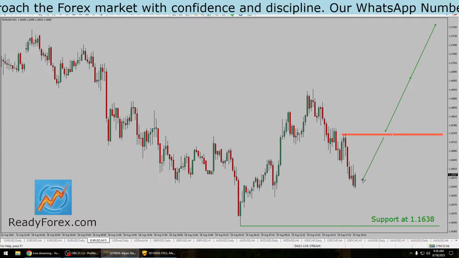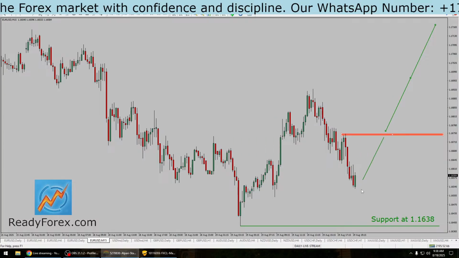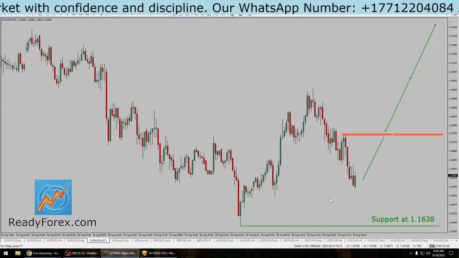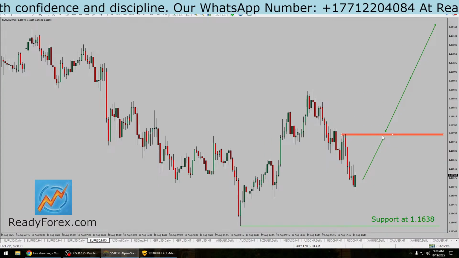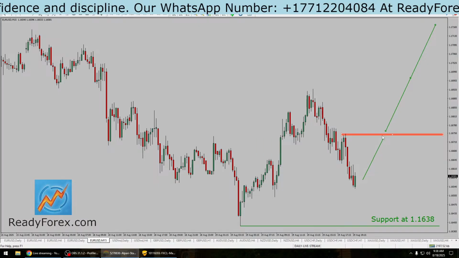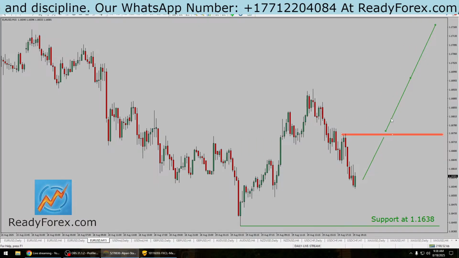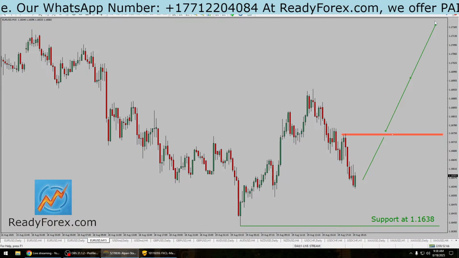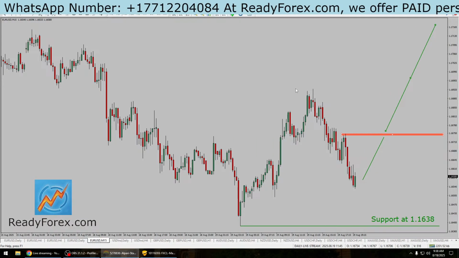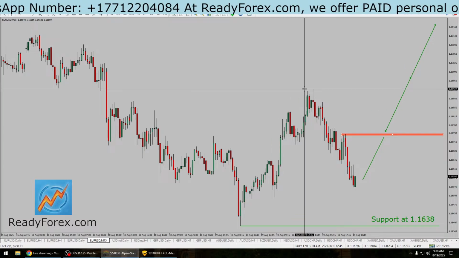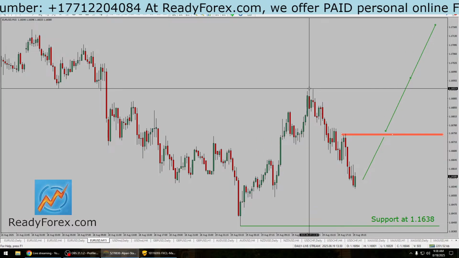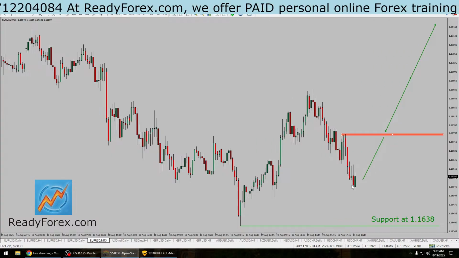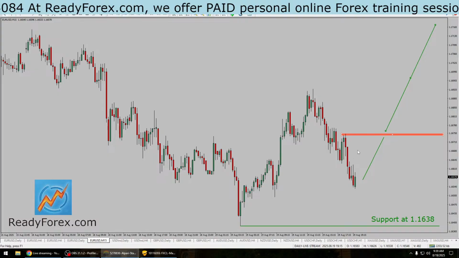So this is what I'm looking at actually in the euro dollar currency pair in a 15 minutes time frame. Wait for the market to rise up first, take out the old swing high, and then once you get further strength in the market, the upside. In terms of Elliott wave, this is a retracement going on currently in the euro dollar currency pair in the smaller time frame, like a 15 minutes chart.